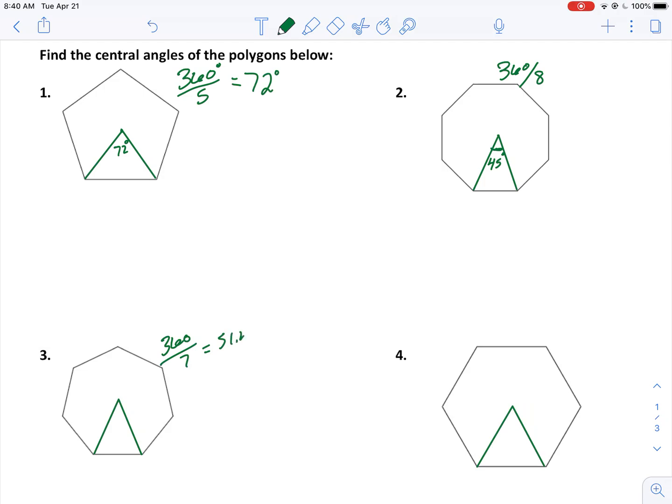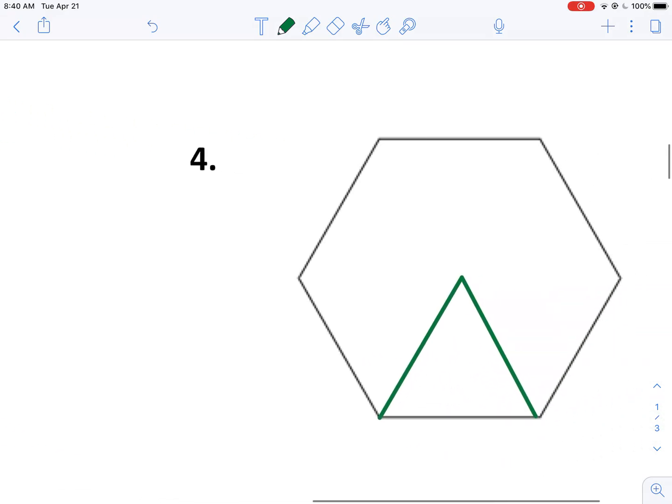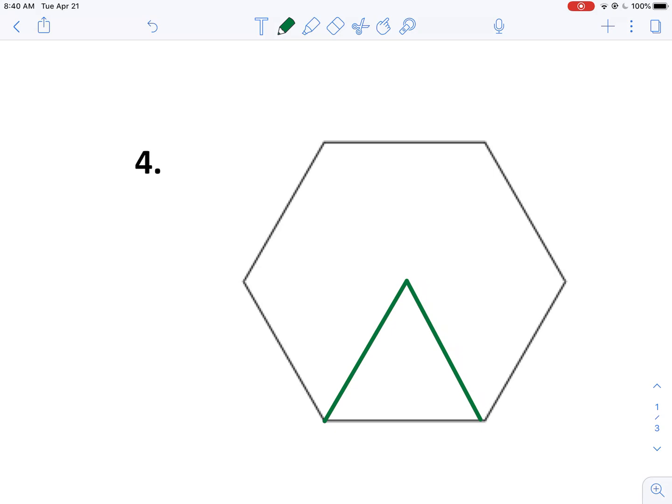And that's all we're going to be doing. I'd like you guys to try the last two here. Find your central angle measure, and then we'll move on. So here I've got 360 over 7 is 51.43 degrees.